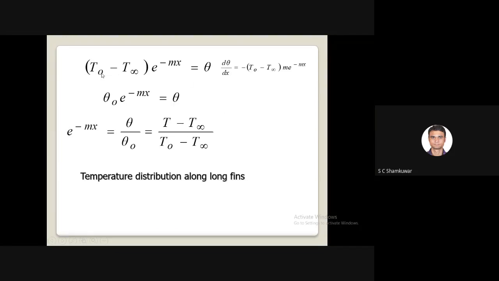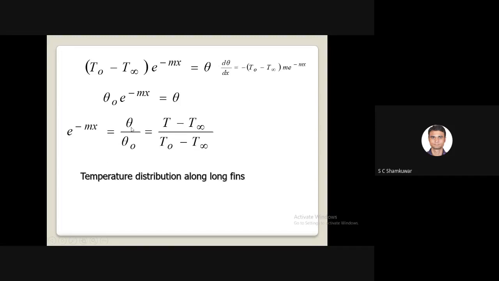Now, again remember this: T naught minus T infinity into e to the power minus mx gives theta. We can differentiate this equation with respect to x. So we will get minus T naught minus T infinity into m e to the power minus mx. Just remember this one, we will need this in future.